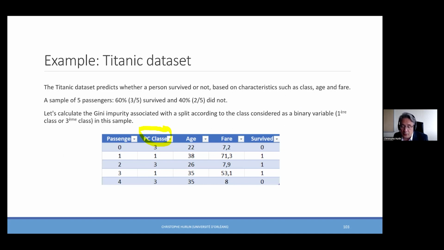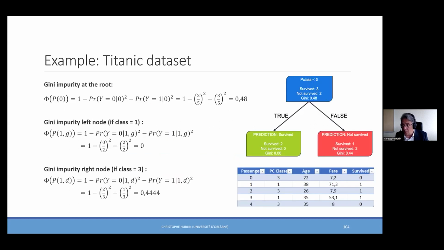So I have two modalities for the class, third class and first class, so this is a binary variable, okay? Let me consider this variable and show what the impurity gain is if I use it as the predictor for the first variable, at the root of my decision tree.